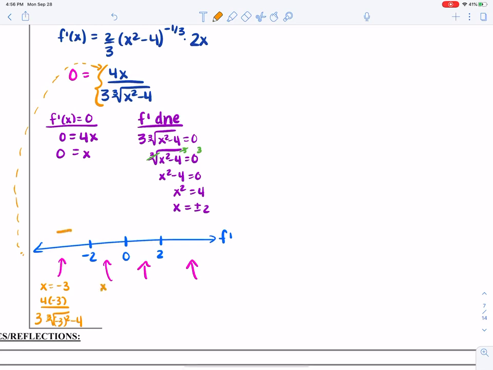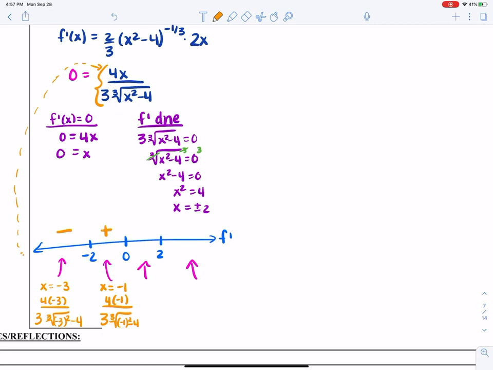And then I could pick another number, like maybe x equals negative 1. My numerator would be negative. My denominator, negative 1 squared minus 4, would be 1 minus 4, which is negative. The cube root of a negative number will be negative. So you'll have a negative divided by a negative, which would be positive.